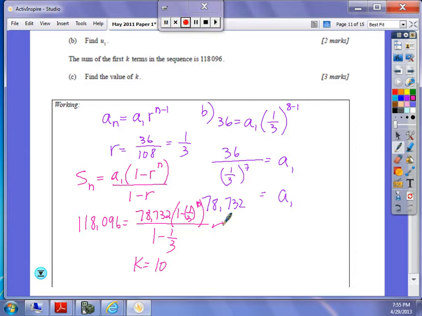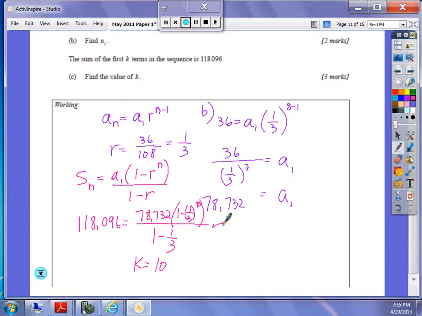They're adding up all the terms until they get to 118,000, so they're having you calculate the first 10 terms and seeing that that adds up to 118,096.